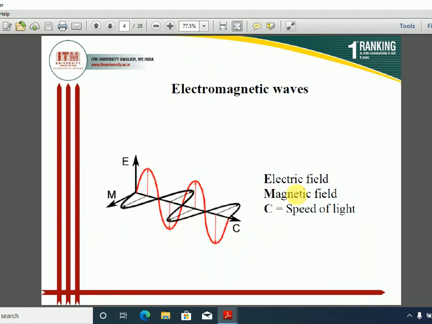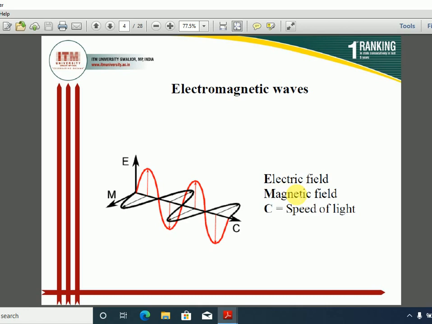Firstly, the thing which comes to our mind is what are electromagnetic waves, which type of waves are considered to be electromagnetic waves, and why the waves are called electromagnetic waves. The sun is the main source of energy, and the light which comes from the sun is considered to be white light, and it is also called electromagnetic waves.